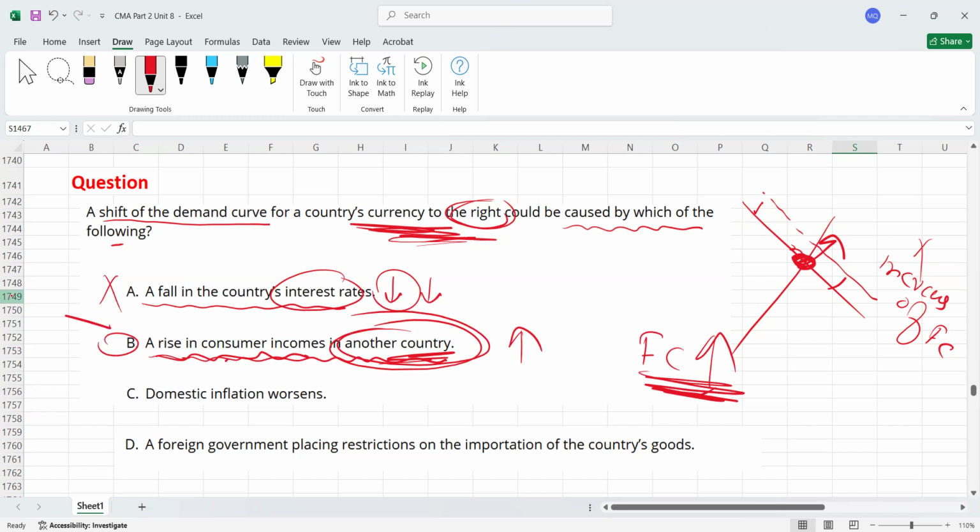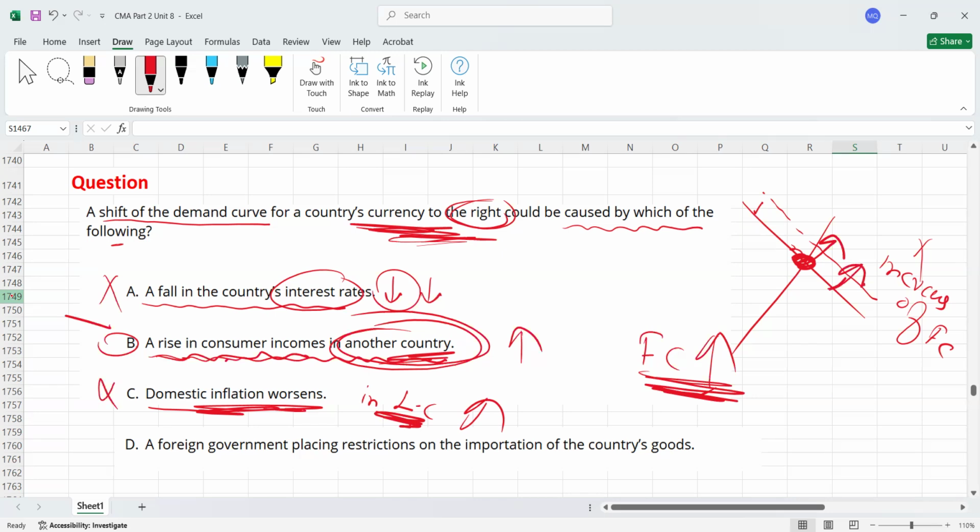Look at the next: domestic inflation worsens. Please remember, this means inflation in the local country is higher, so products in your country are more expensive than foreign products. You would prefer to buy foreign goods, so demand for foreign currency would increase and the demand curve would move to this side.